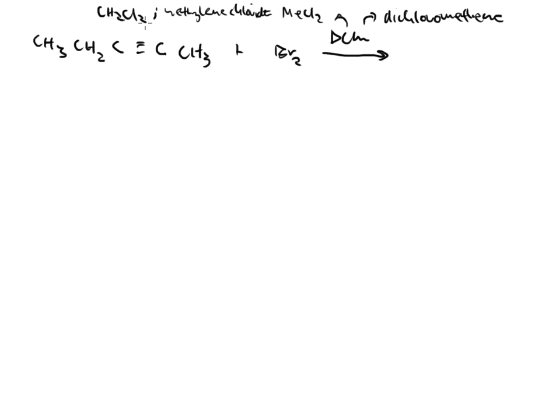This means that no rearrangement takes place. So we don't have to worry about carbocation shifts happening here, which is good news. Wherever that bond is going to be, that's where they're going to end up. All the rules that we talked about in alkenes hold true.